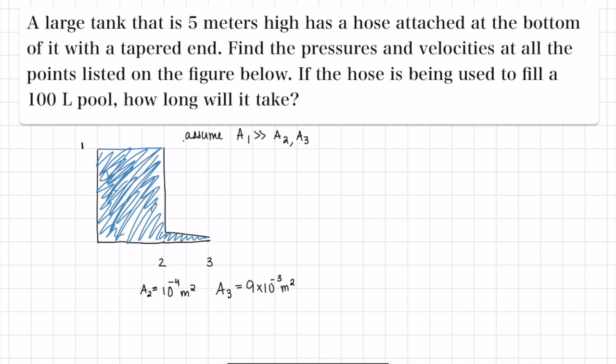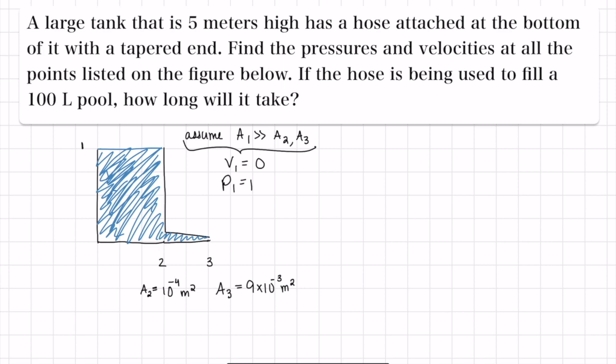So this statement here, A1 is much, much bigger than A2 or A3, tells us that we can assume V1 is going to be equal to 0. Then, because the tank at point 1 and point 3 is open to the air, the pressure at both of those points is just going to be the atmospheric pressure.